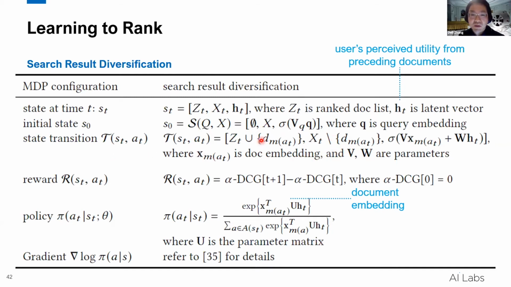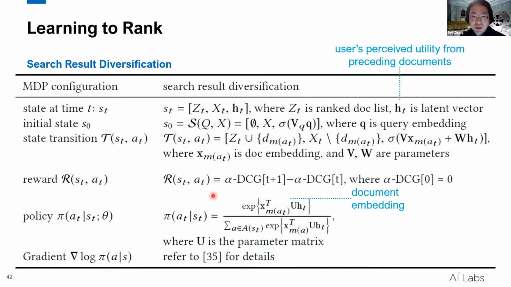Similar to the previous formulation, we remove the selected document from the candidate document set and add it to the ranking list that we have already returned to the user. And the user's state would need to be updated because if the user has already seen some of the documents, then part of the information need probably has already been addressed. So the user may want to see documents with some novel information.